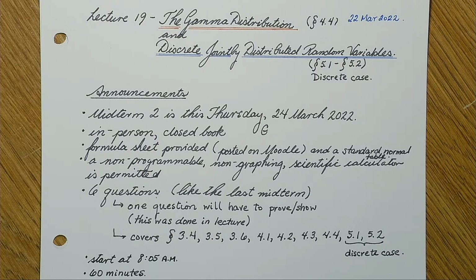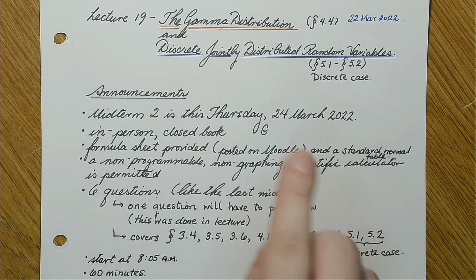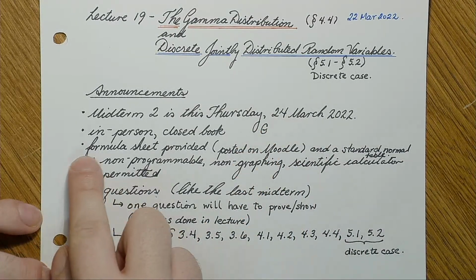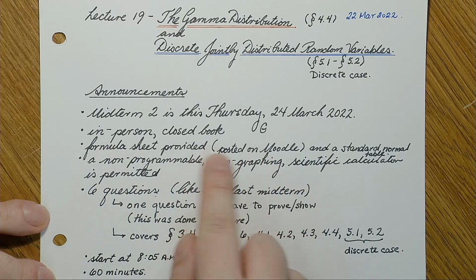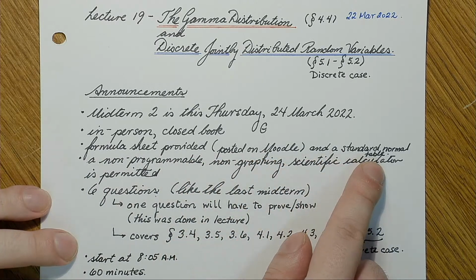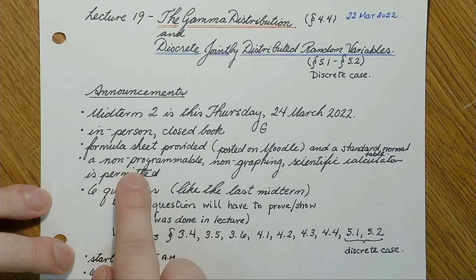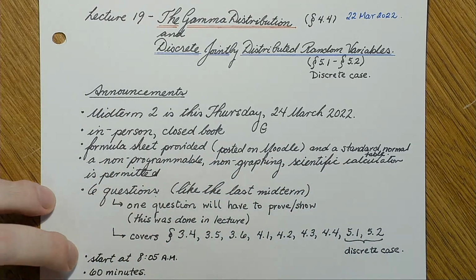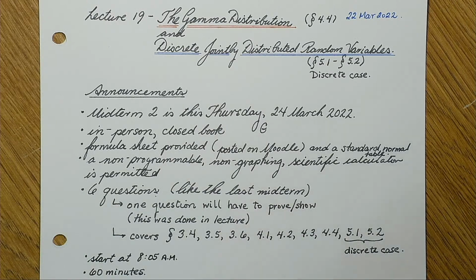Okay, that's posted on Moodle. If not, I'll have to send out another email. The formula sheet is provided, it's posted on Moodle, and a standard normal table will be provided as well. There's a non-programmable, non-graphing scientific calculator you're allowed to bring. Yes, G133, thank you. So I'll put that down.